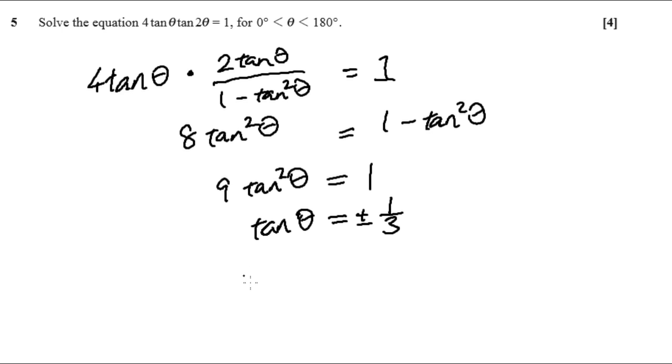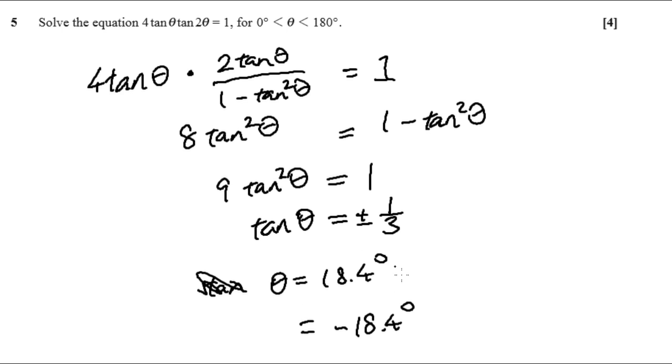Plugging these values into the calculator gives you theta equals 18.4 degrees, and it's also, from the calculator, minus 18.4 degrees if you use minus a third.